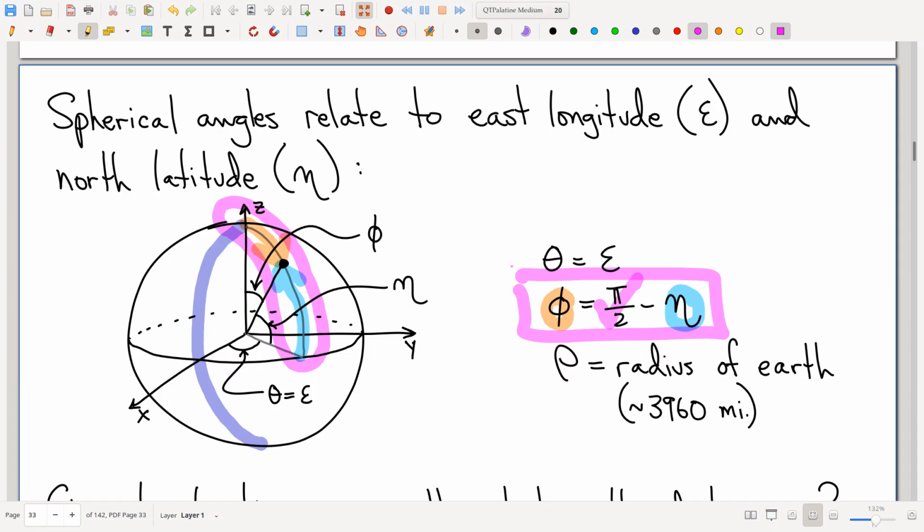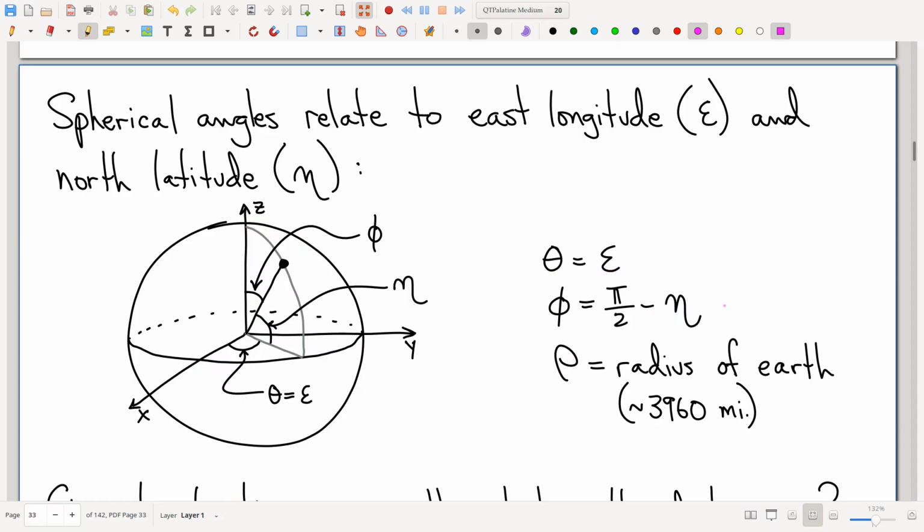And of course, if the Earth is set up on our coordinate system as I have it drawn, then the radius of the Earth is rho. This is assuming that our Earth is a sphere, which of course it's not in a couple of different ways. It's lumpy and bumpy because of mountains and valleys.